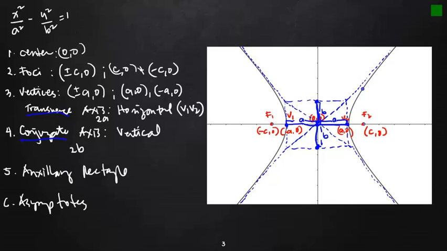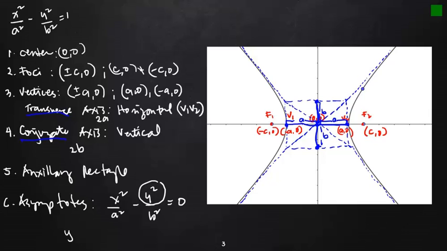The asymptotes of the hyperbola can be solved by equating the equation of a hyperbola in standard form to 0. So instead of x squared over a squared minus y squared over b squared equal to 1, we equate this to 0 and solve for the value of y. From there, we come up with the equation of the asymptotes.